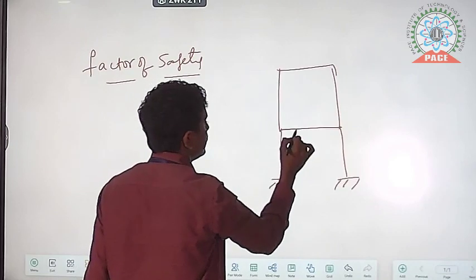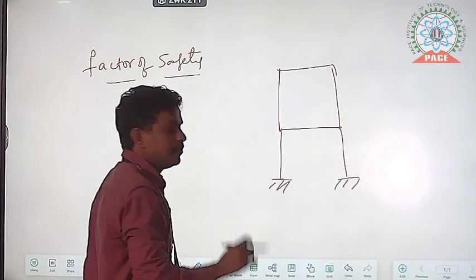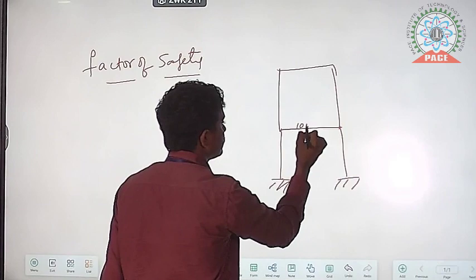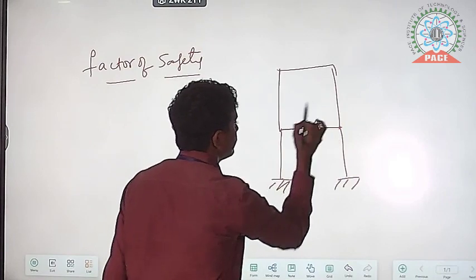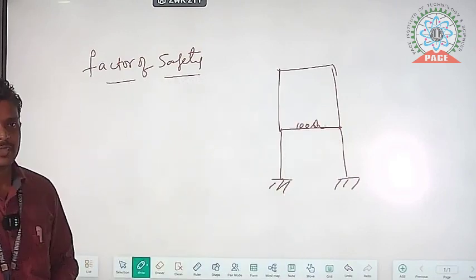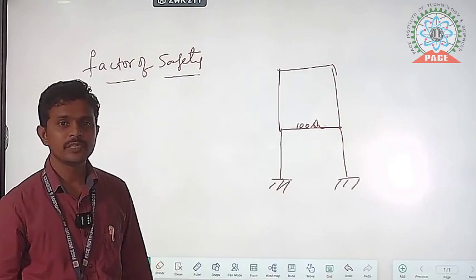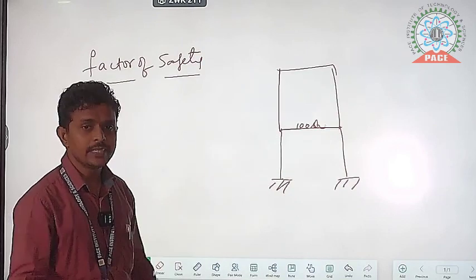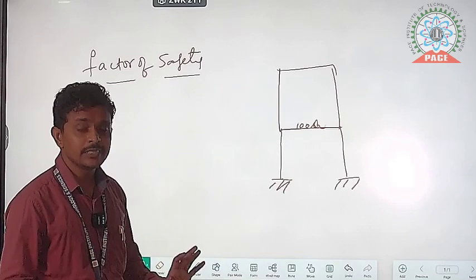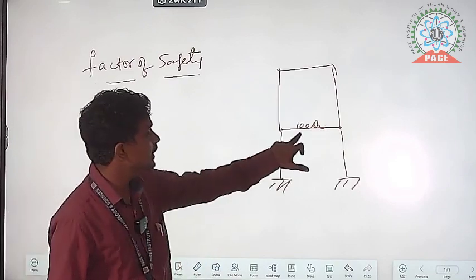For example, this is any college. This slab capacity is 100 only. That means if we keep the chairs, only 100 students this slab can bear. That is actually the construction.